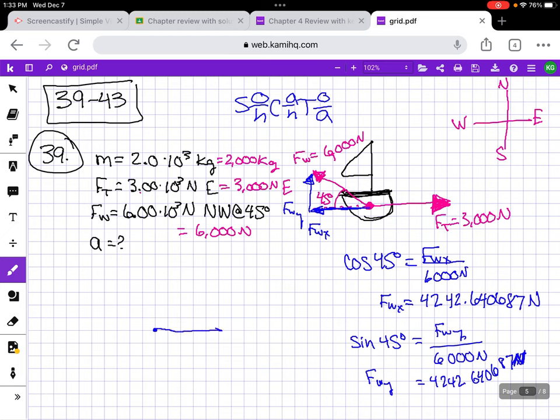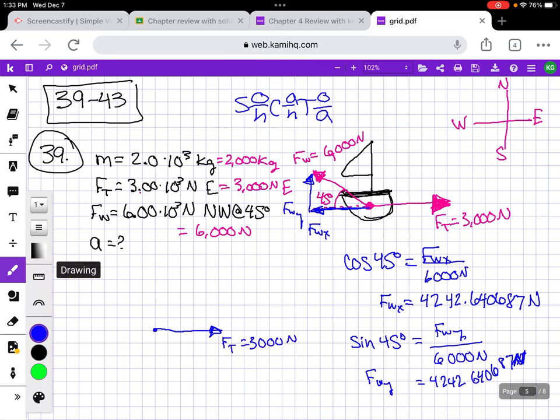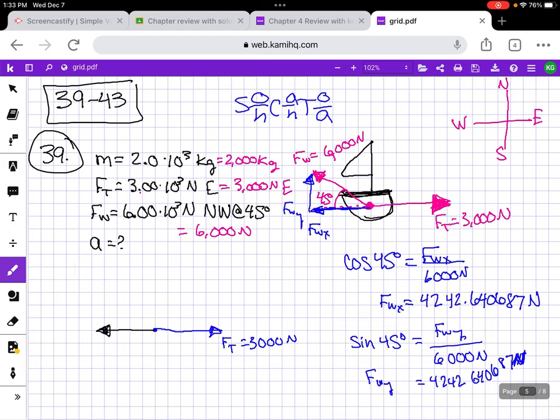So we've got the force of the tide is 3,000 newtons. And I'm going to change color for the other guys. And then I've got my force of the wind in the x, which will be a negative 4,242 point yada yada yada 640,687 newtons.